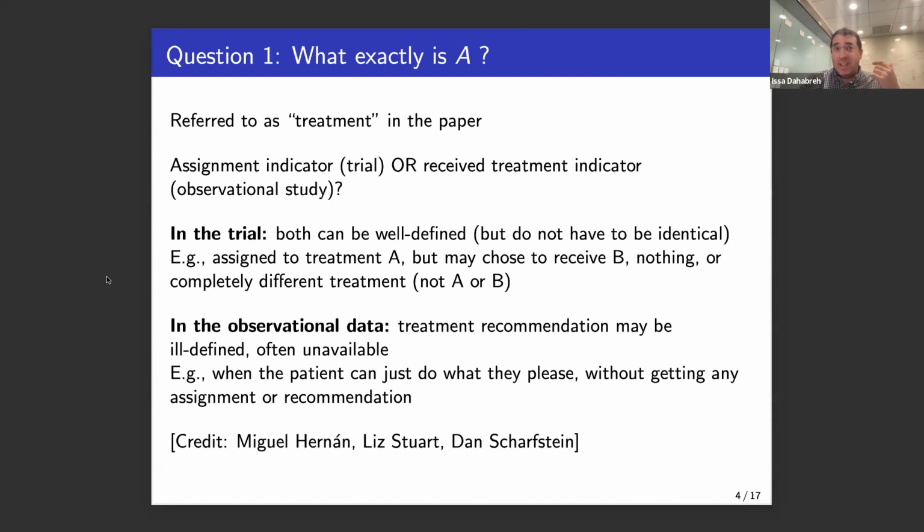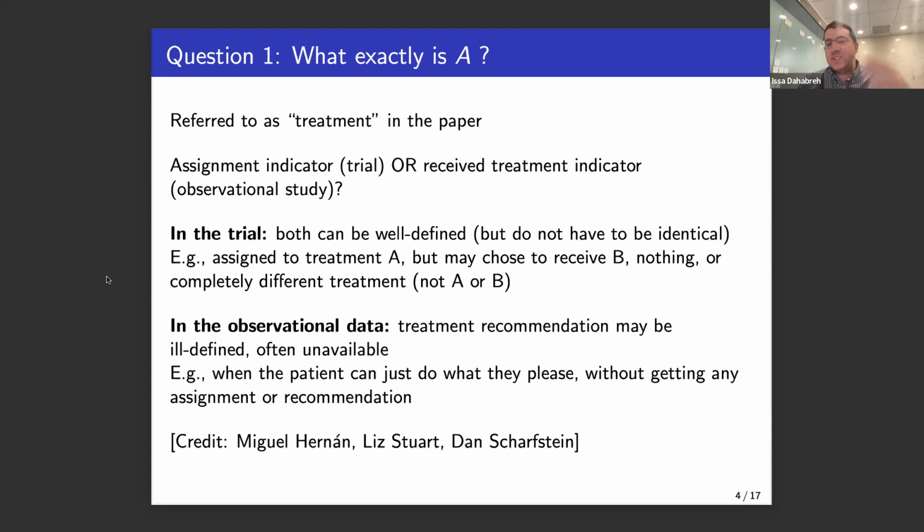Now in the observational data, the situation seems to me to be worse. Typically, assignment is unavailable. We know what people took, but we don't know what was recommended to them in most cases. And as my colleagues, to whom I give credit here, have impressed on me, the idea of a recommendation may be ill-defined.